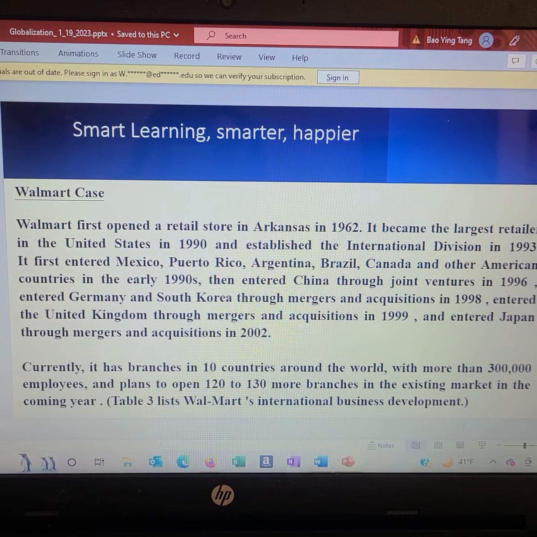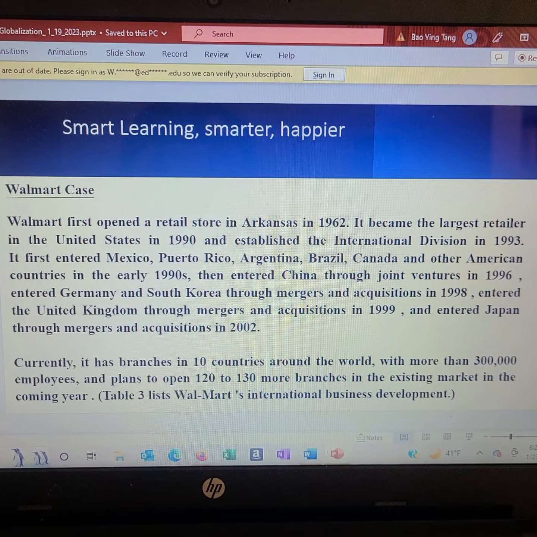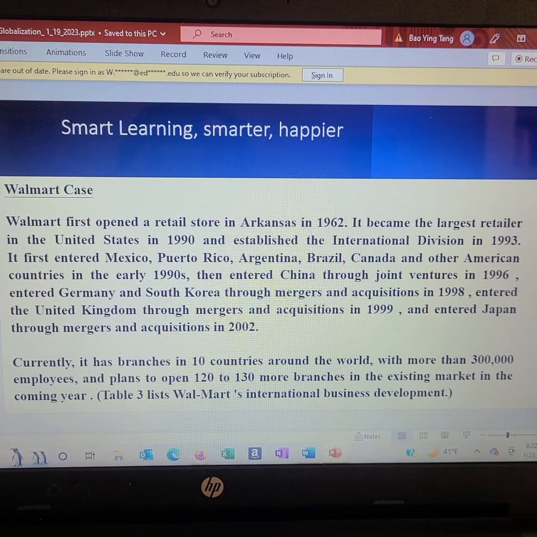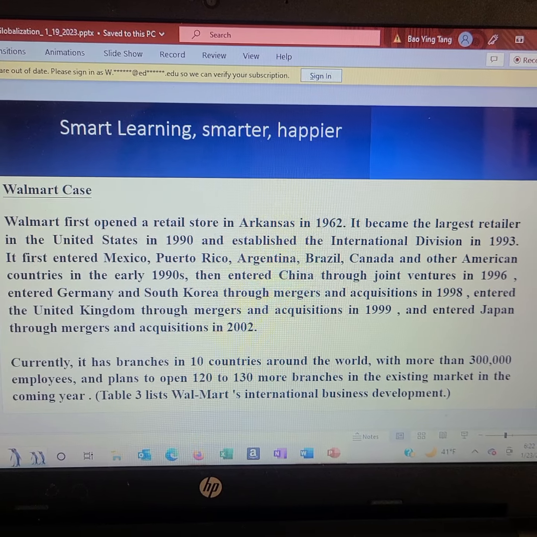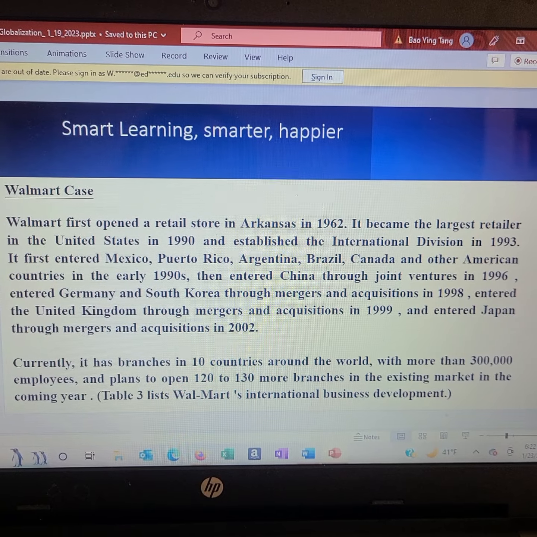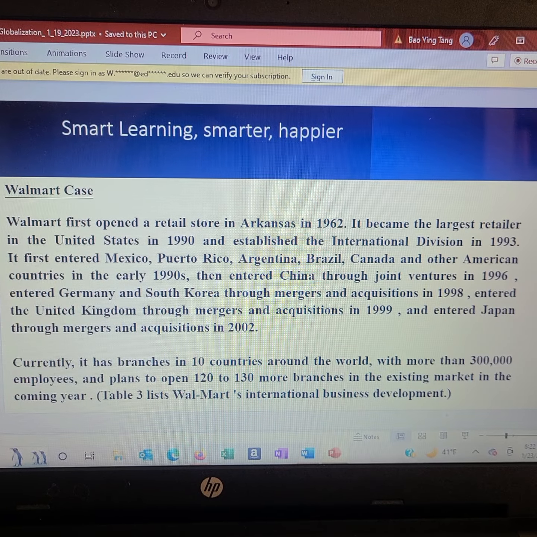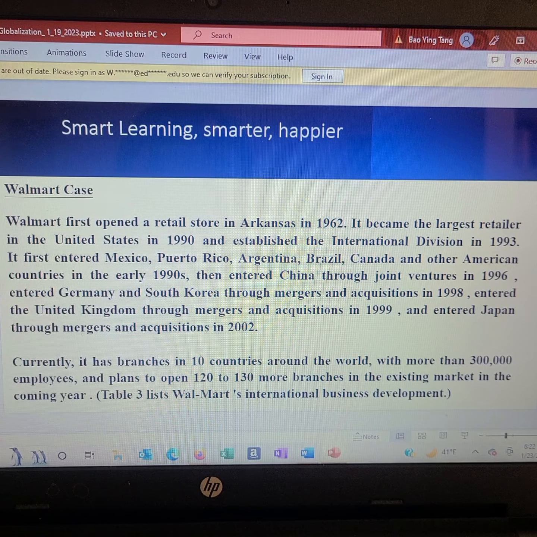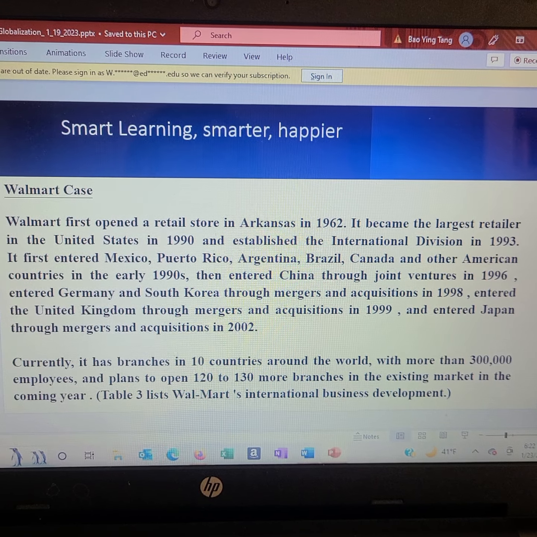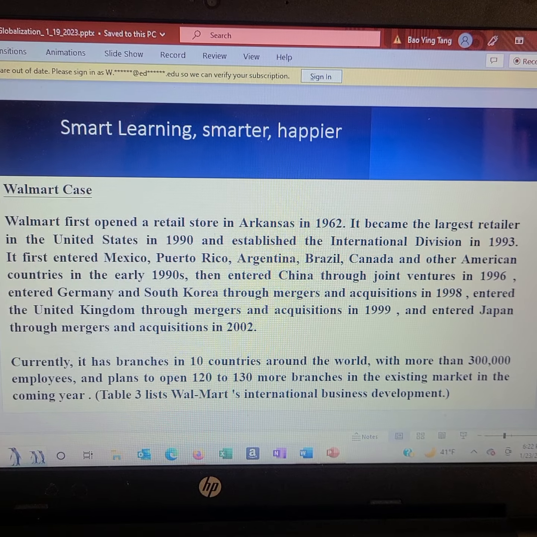Walmart first opened a retail store in Arkansas in 1962. It became the largest retailer in the United States in 1990 and established the international division in 1993. It first entered Mexico, Puerto Rico, Argentina, Brazil, Canada, and other American countries in the early 1990s.